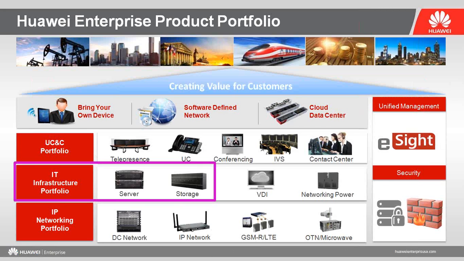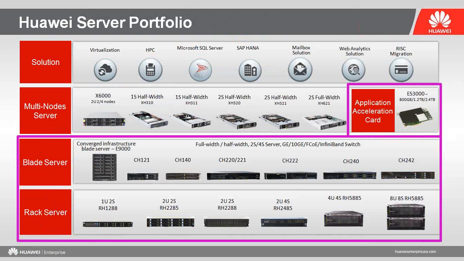But the area of focus today is IT infrastructure. The IT infrastructure portfolio, including servers and the PCIe-SSD card, which is a part of our server/storage portfolio. So in taking a snapshot, if you will, of Huawei's server portfolio, the highlighted sections here in purple.